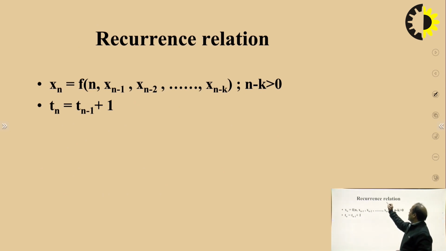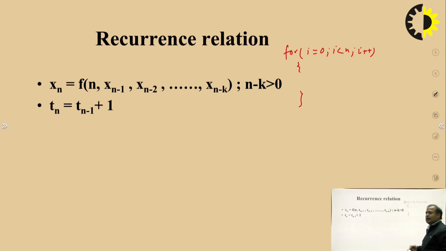Why do we need recurrences? If you are interested in finding out the running time of any procedure involving iterations, like for i equal to 0, i less than n, i plus plus, the loop is going to execute n plus 1 times, so its running time will be n plus 1.